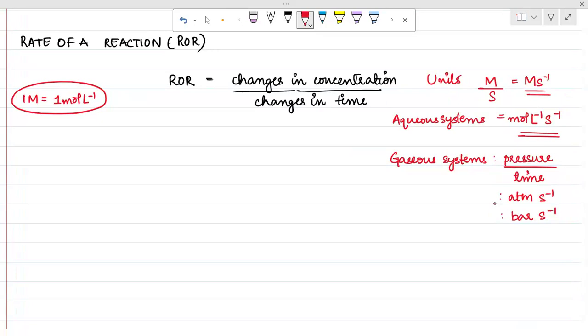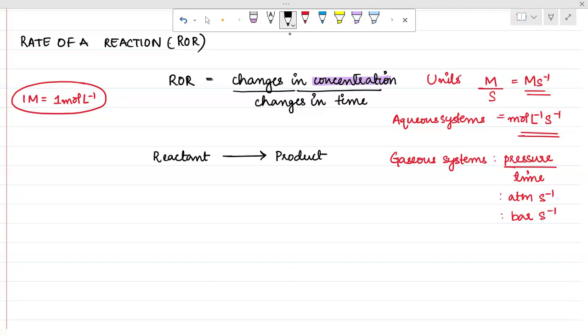Okay. Now, whose concentration is it that we monitor? If you have a reaction, for example, a reactant R, upon some reaction it becomes products.